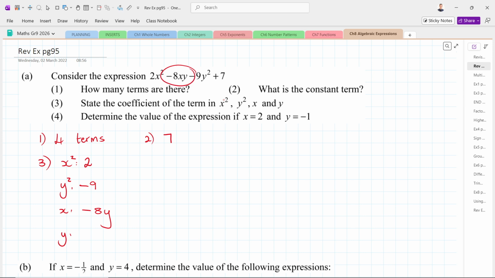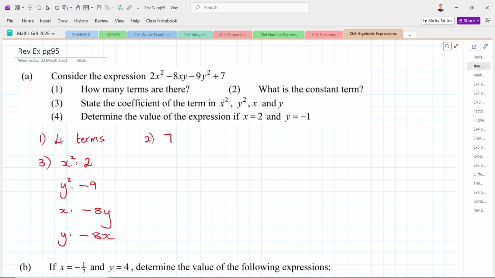And again, for the y term, scratch out the y. That leaves me with negative 8x, so that would be the coefficient there. And yes, variables can be part of coefficients. If we're asking for just this term's coefficient, then it would be including the x.